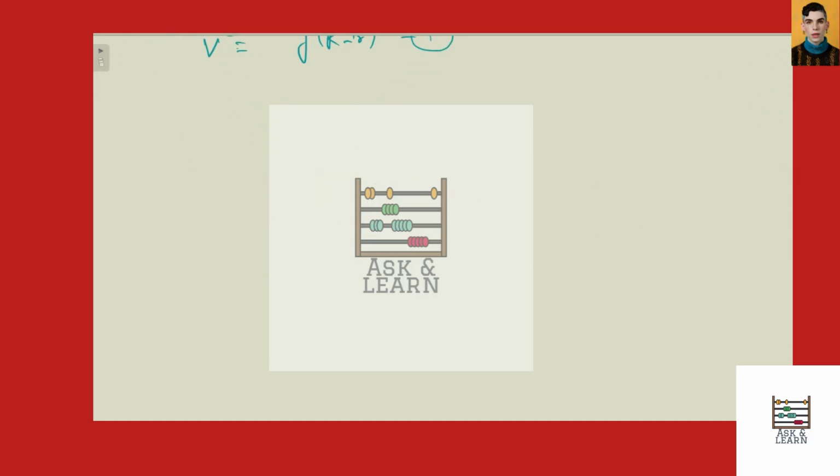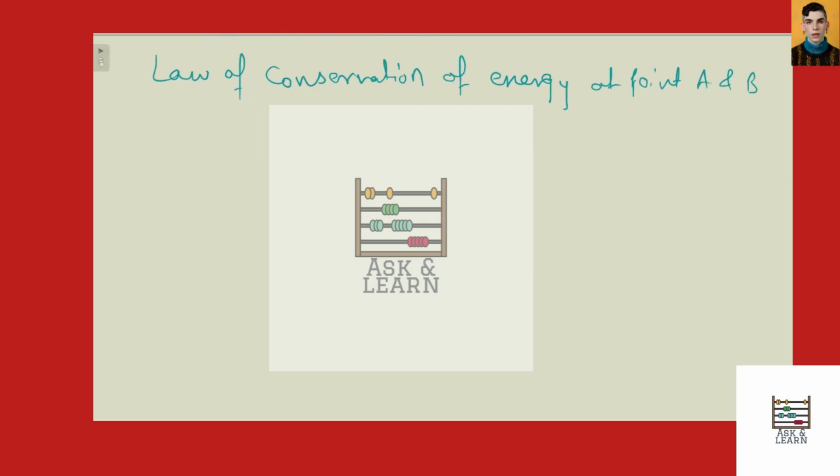Now applying the law of conservation of energy between point A and B, we can say that energy at point A is equal to total energy at point B. So at A there is a potential energy which is written as 2 mg into R minus r, and kinetic energy, that is half mv dash square plus rotational energy, that is half I omega dash square.